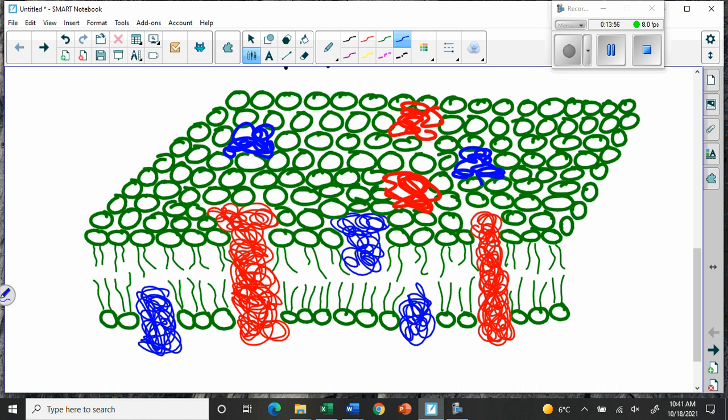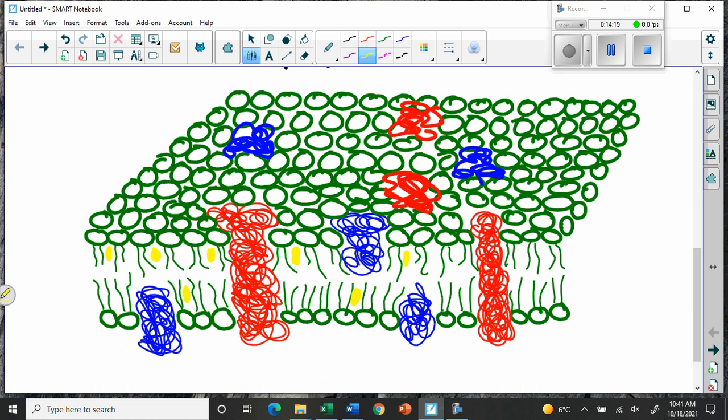Okay, now I'm going to take maybe yellow, because it'll stand out, and we're going to add little tiny blobs. These little blobs are going to be sort of mixed in with the membrane down here like this. They kind of are in between the tails. Okay?